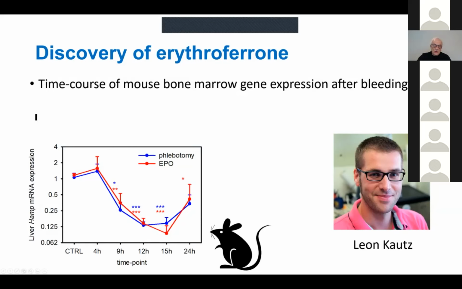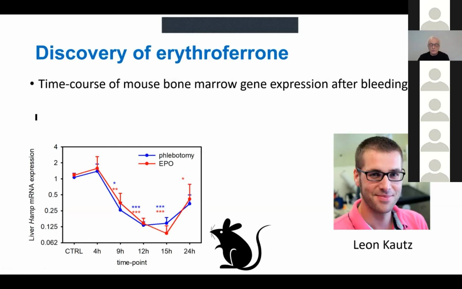And no matter which you do, between 4 and 9 hours after the stimulus, there is a profound drop in hepcidin, which bottoms out at about 12 to 15 hours and then begins to return towards normal. And so the initial level of hepcidin drops about 8 to 10-fold as a result of this intervention.